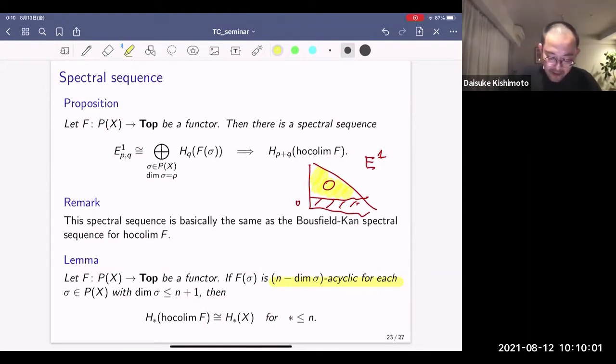So the homology of hocolim F is isomorphic to the homology of the 0th line, and the homology of the 0th line is nothing but the homology of X.